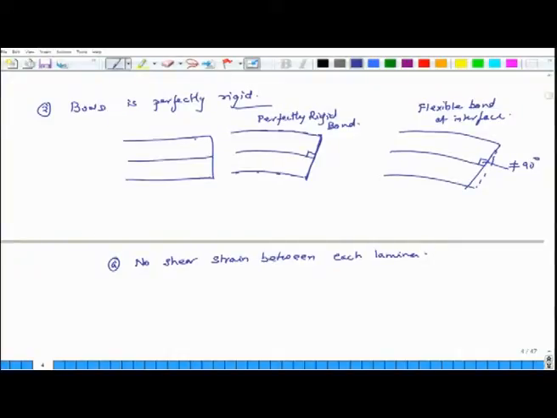And if this is my z axis, if this is my x axis, and the plane vertical to the computer screen is the y axis, if there is no shear strain between each lamina, essentially what that means is that gamma yz equals gamma zx equals 0.